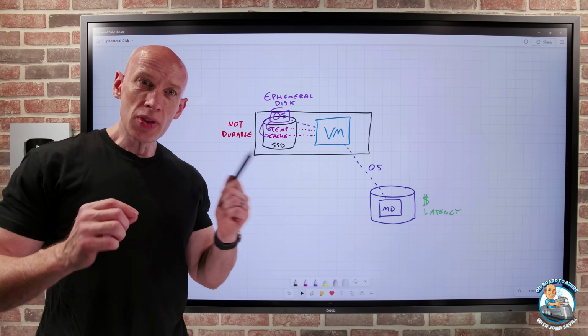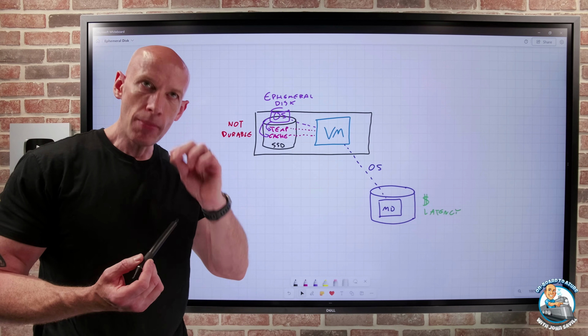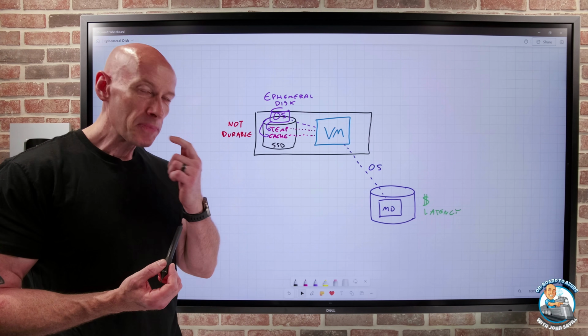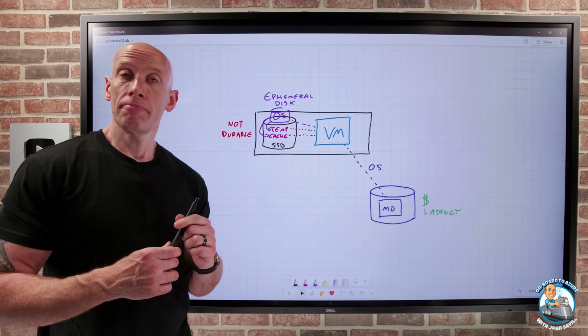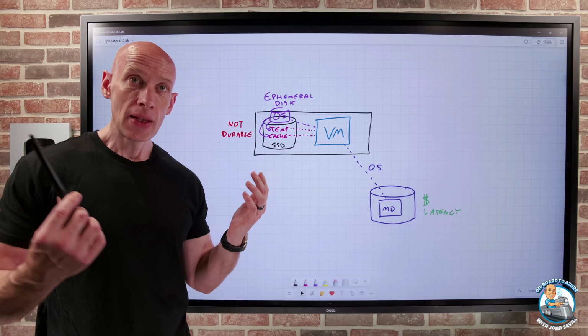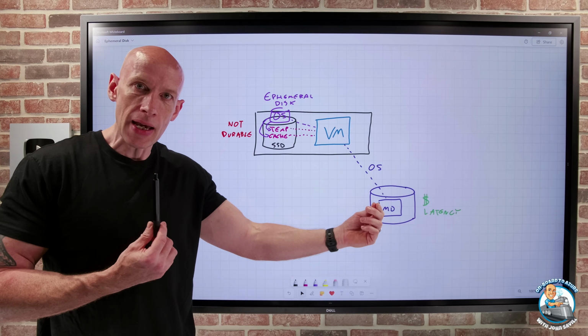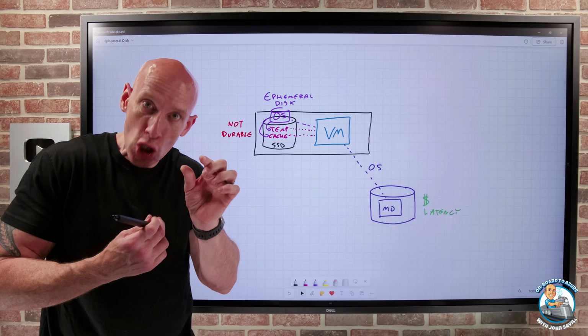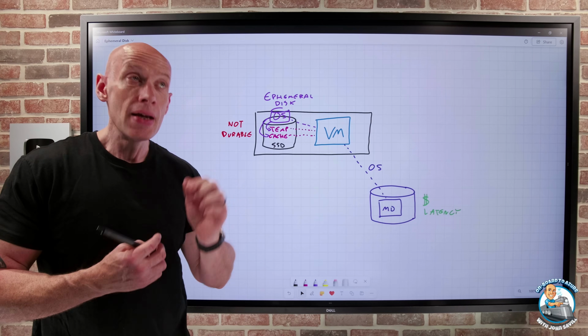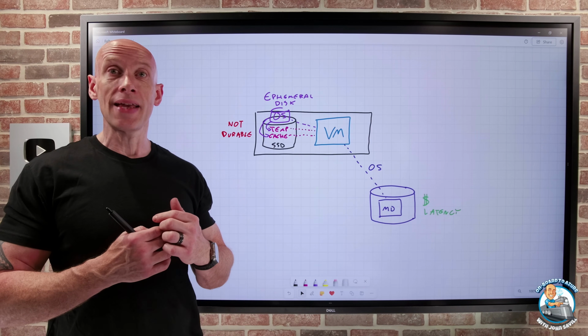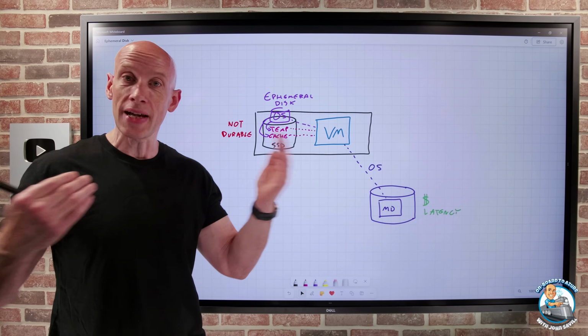Now, if I use this, realize primarily it's going to try and use the temp disk. If my image was 70 gigabytes and my temp drive is 100 gigabytes, well, it's going to consume 70 gigabytes of the temp drive. So I only have a 30 gigabyte temp drive now. If my OS disk is now the entire size of the temp drive, I won't get a temp drive at all.